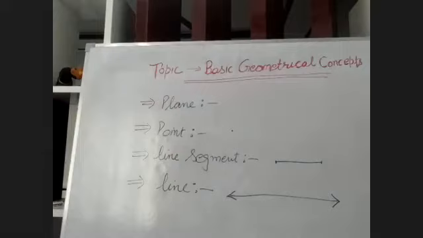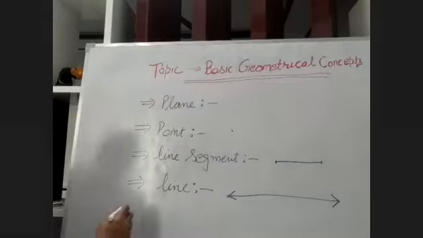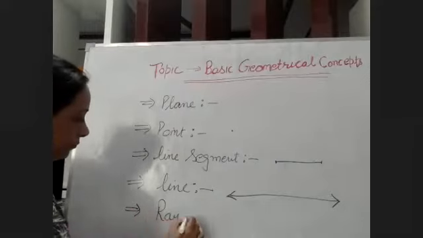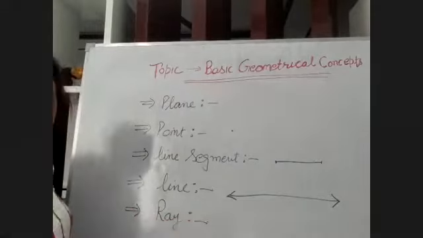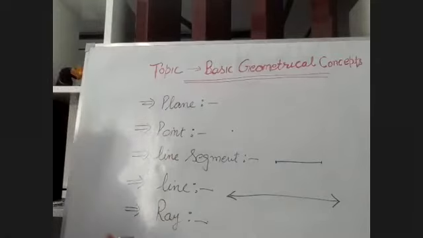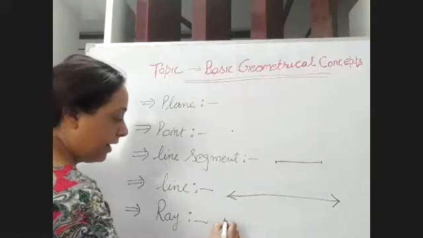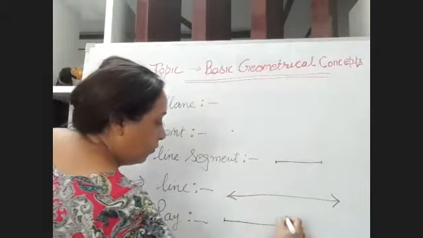Dear students, now the last point is ray. What is a ray? In a ray, we know the initial point, and it can be extended in one direction.